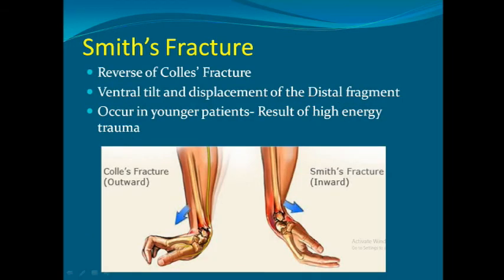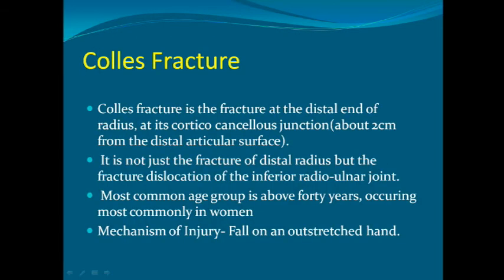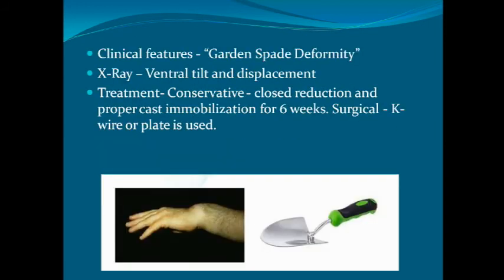Second is Smith fracture. As I have told you earlier, it is the reverse of Colles fracture. In Colles fracture, the distal fragment goes towards the dorsal side, but in Smith fracture, the fragment comes to the ventral side. The deformity you find in Colles fracture is called dinner fork deformity, but in Smith fracture we find a deformity called garden spade deformity.